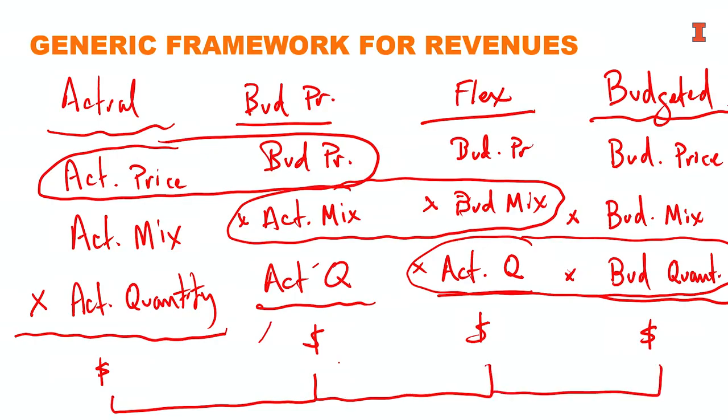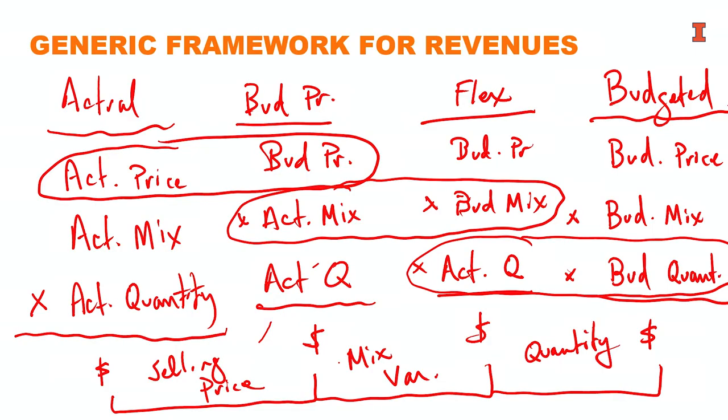Just like in the cost variance framework, we have 3 individual variances that we can focus on. And again, depending on what company or organization is using this analysis, will determine what names are being used. Generically, you can refer to it as the selling price variance, the sales mix variance, and the quantity or volume variance.